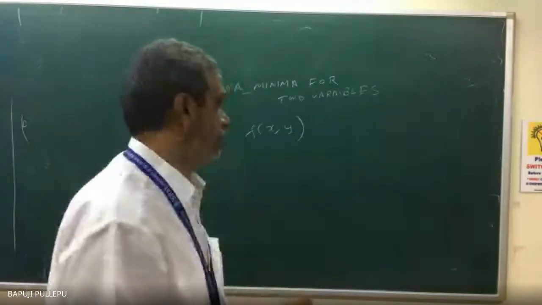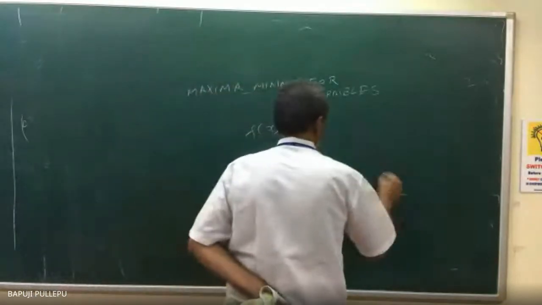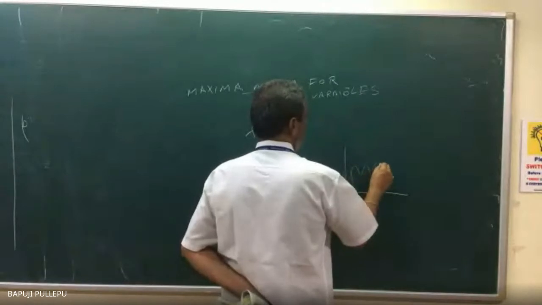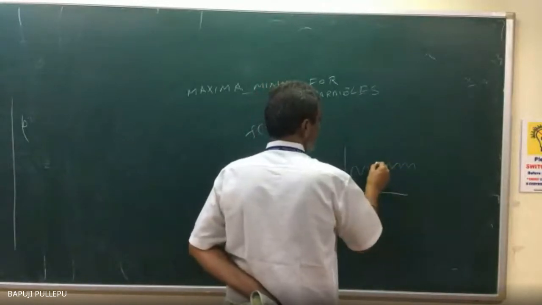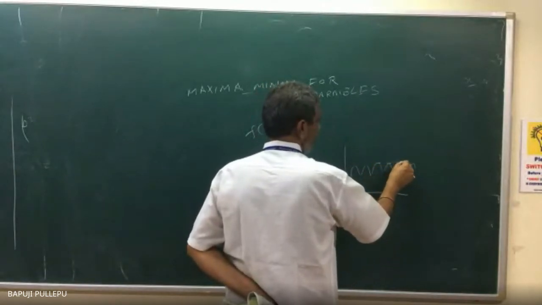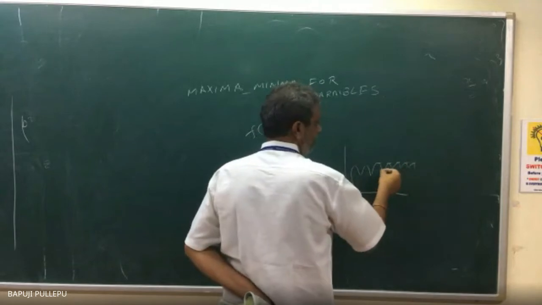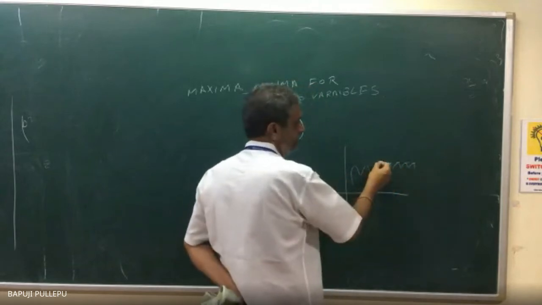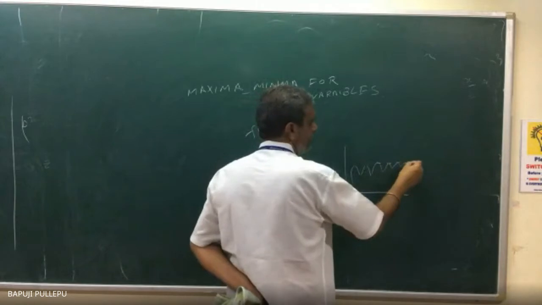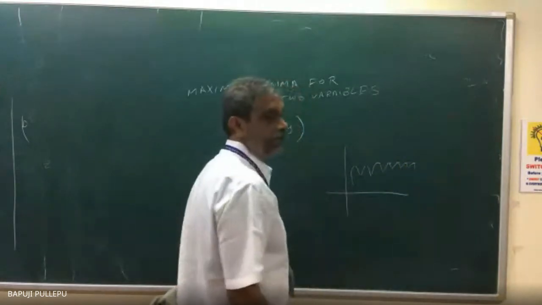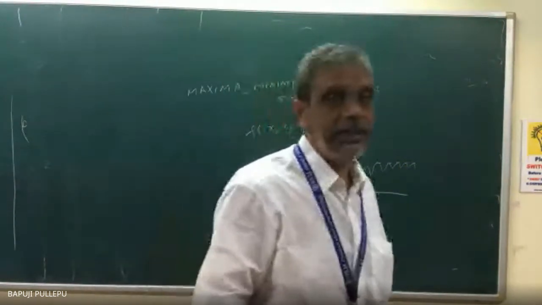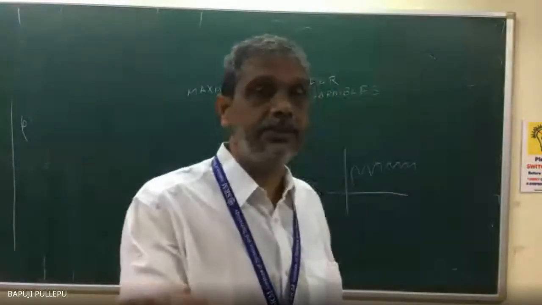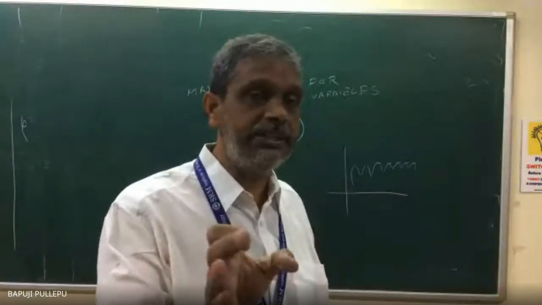Suppose one curve is travelling like this, and this is a maximum. Wherever you go, the maximum value is the same, but the points are different. Here also maximum, here also maximum. So I may get a bunch of points where I attain the maximum, but the maximum value is unique.